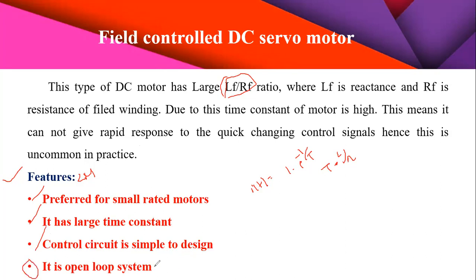So tell me, is it an automatic system or not an automatic system? If it is open loop, what can we say? Automatic or not automatic?